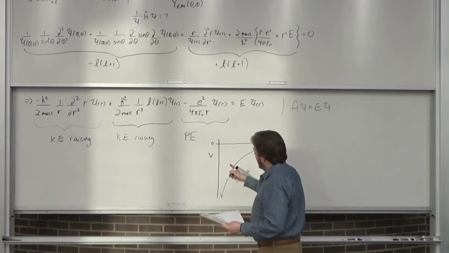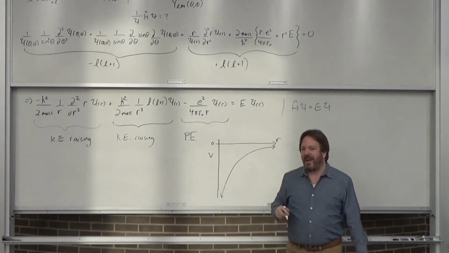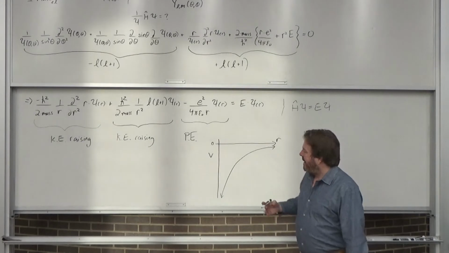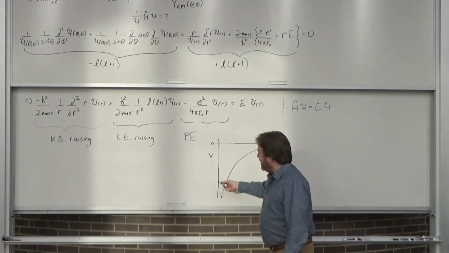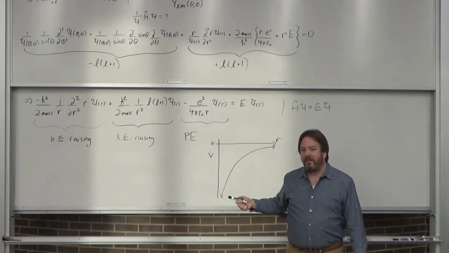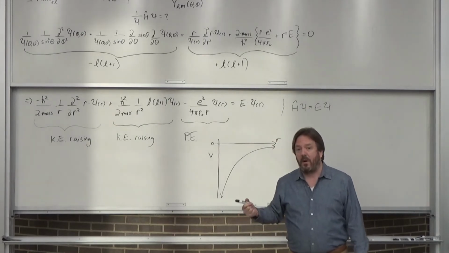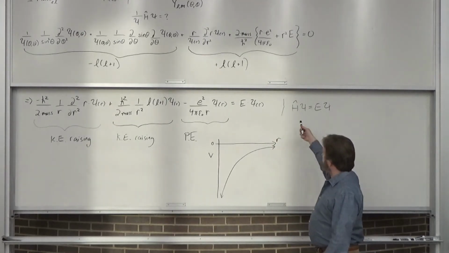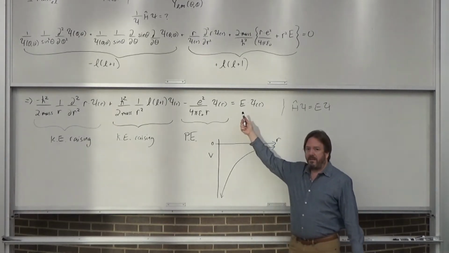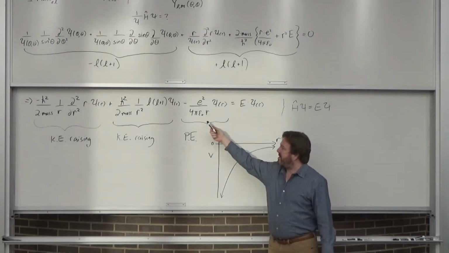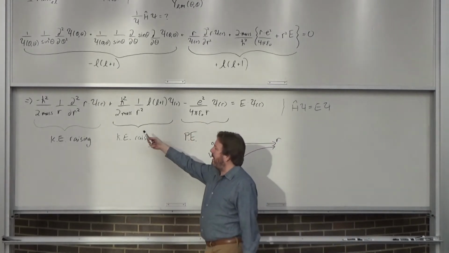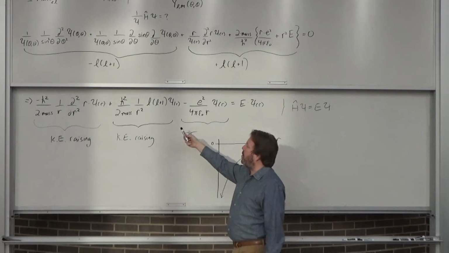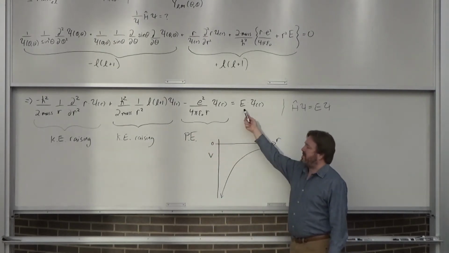What's really nutty, though, is that all the energies are negative. In fact, the potential energy is so negative that the kinetic energy doesn't overcome it to contribute to the total energy. So again, the potential energy is so negative that this thing is not going to match that and go over to yield a positive energy.